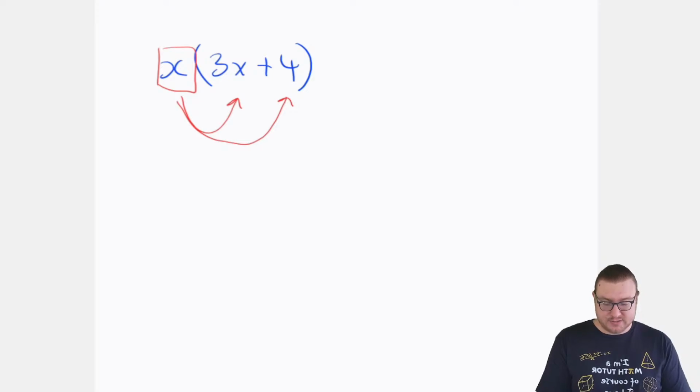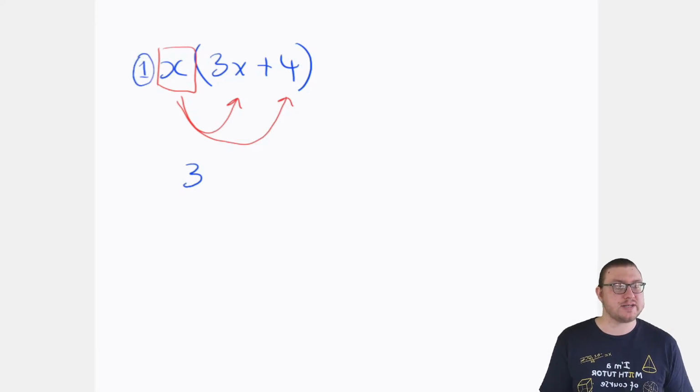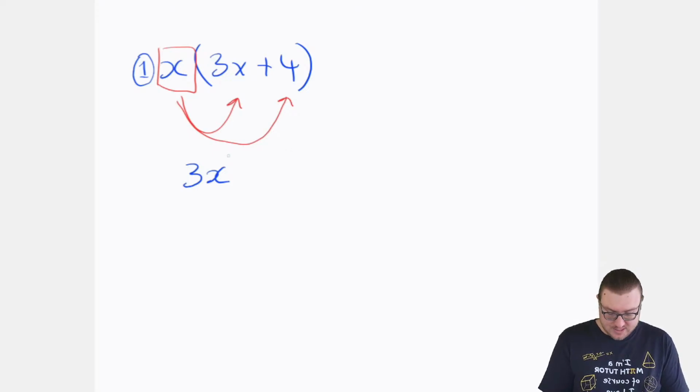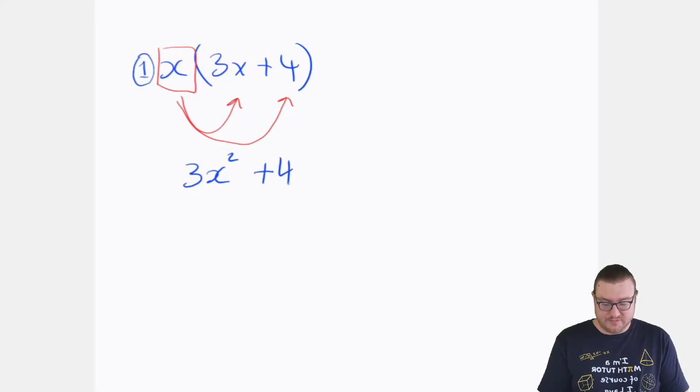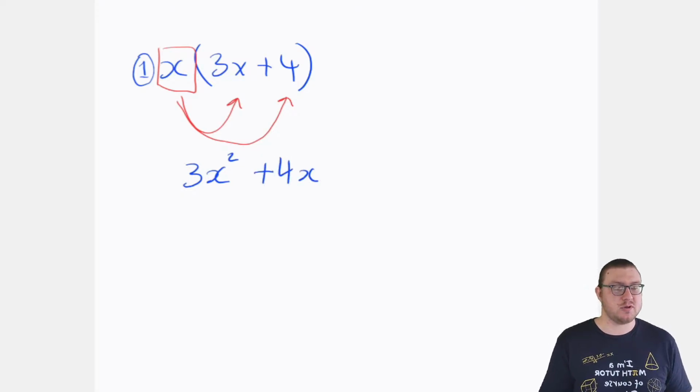So the first calculation would be x times 3x, and there's a 1 in front of the x that we normally don't write. 1 times 3 is 3, and x times x becomes x squared. For the second part, x times 4, we're just going to be leaving 4x, and this will be our final answer.